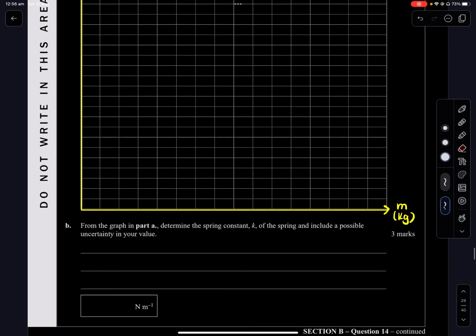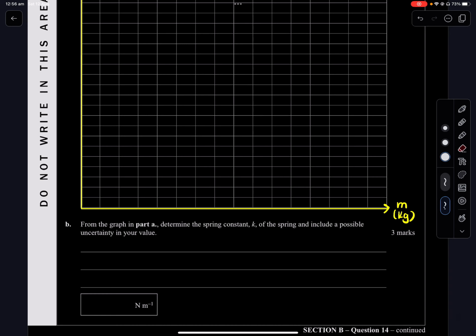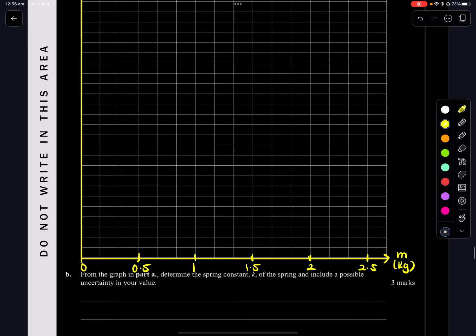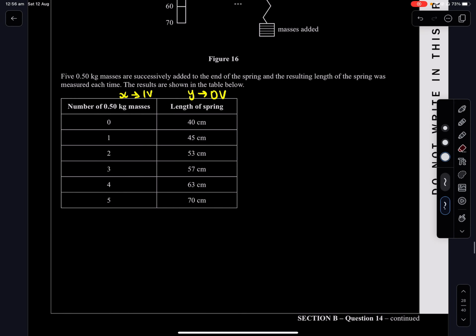So we'll have, let's say, this one with 0 mass added. We'll have 0.5, 1, 1.5, 2, 2.5. So we have those, perfect.